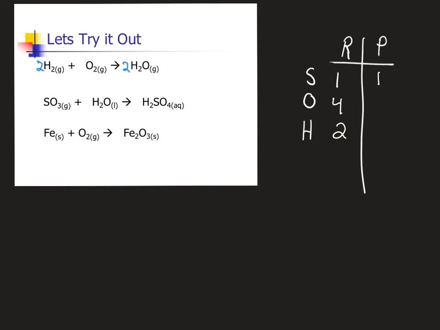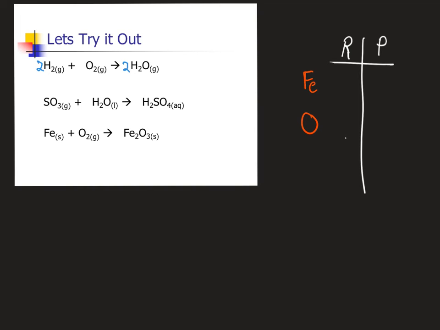So let's go on to the next one here. Oh, do a little more erasing. Okay. Now let's look at our rust. Ooh, let's pick a good fun color for rust. Good rusty color. And so let's go with iron and oxygen.